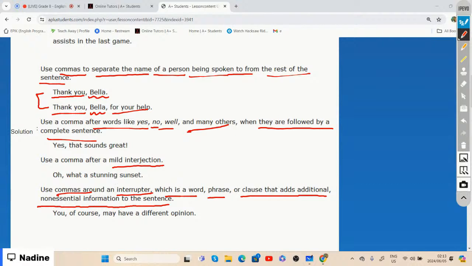That is what we call interrupters. Interjections can also be words like, "Oh, what a stunning sunset." So that is how we can use commas with interrupters and interjections, or just any other words to separate them from the rest of the sentence.